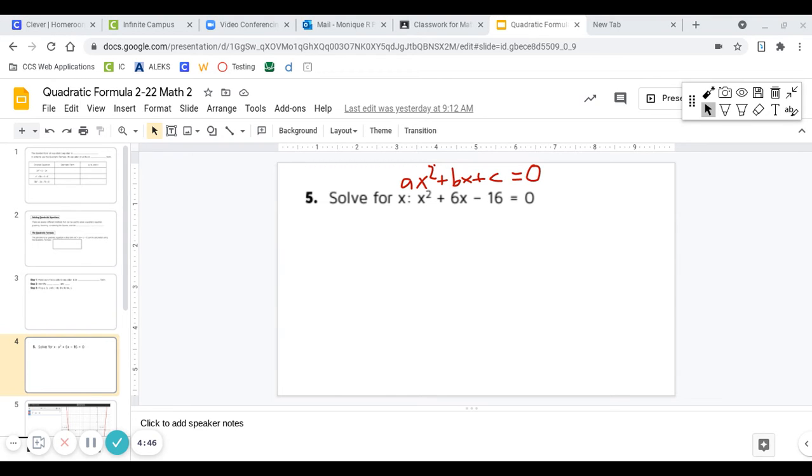So a is in front of x squared, the coefficient for x squared. Here, since x squared exists, the coefficient is 1. So a equals 1. The coefficient for x, or what's in front of x, is 6. So b equals 6. And what's in place of c, the constant that does not have a variable with it, is negative 16.